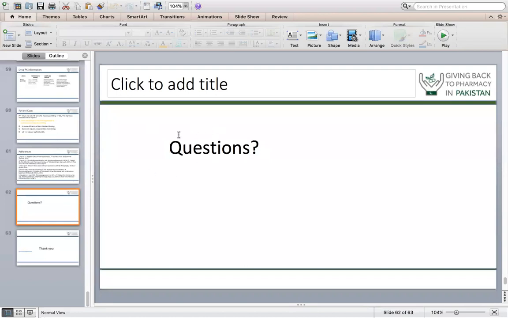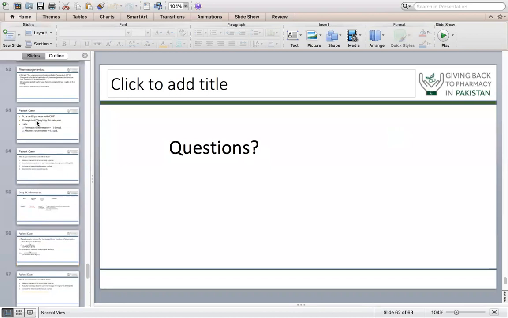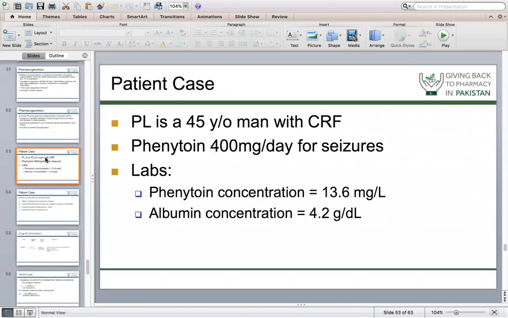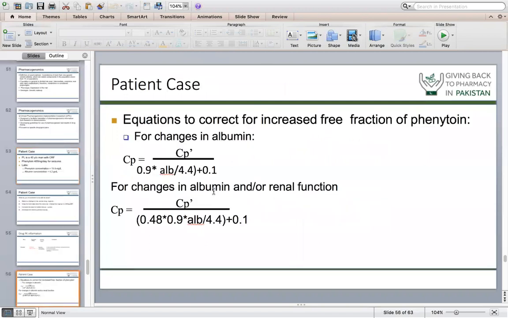He has a certain level of hypoalbuminemia, and in our question it's given that he has some renal impairment, so we use an equation where we have to add this. I will go back to this slide. He has chronic renal failure, right? It's mentioned in the question. So which equation will apply to him?